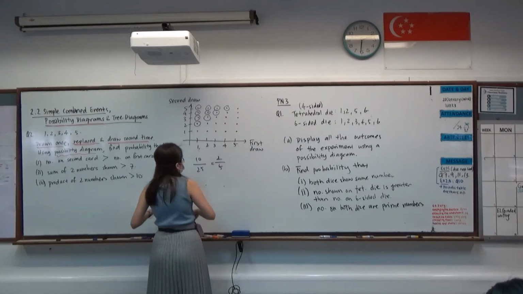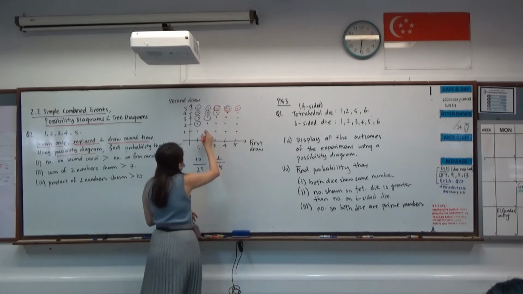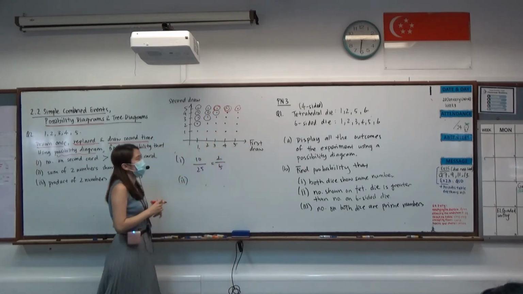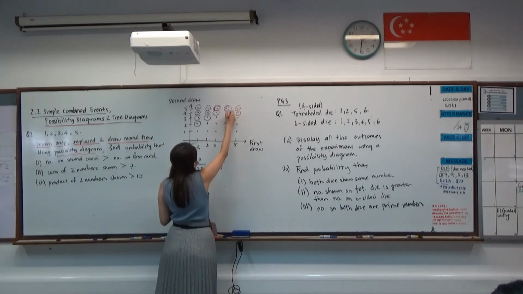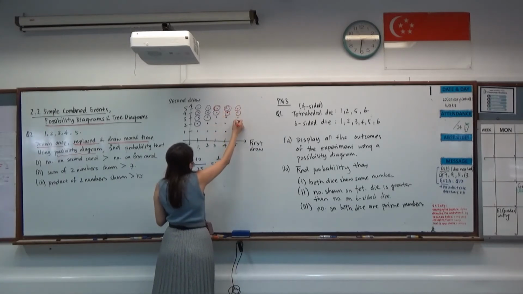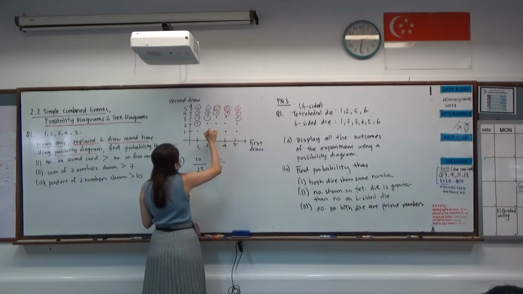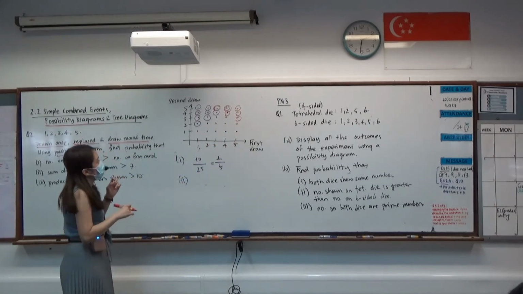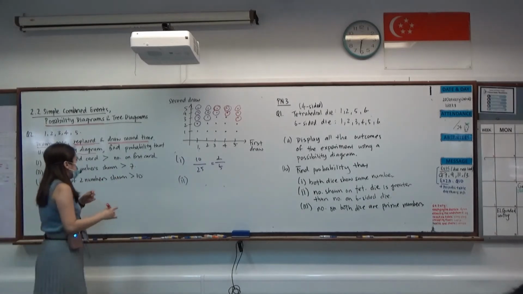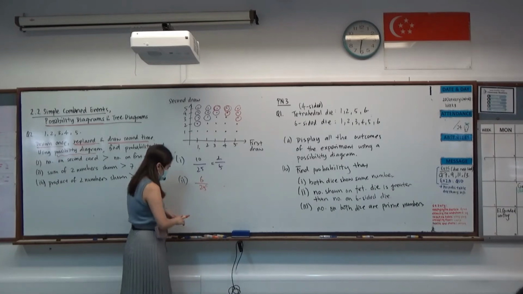Let me choose a big one. 5 and 4, 5 and 3, 8. 5 and 2 is 7 itself, so no. Then 3 and 5, 8. 4 and 3, 7, no. Is there any more? No, right? So we have these 6 outcomes out of 25, which cannot be further simplified.